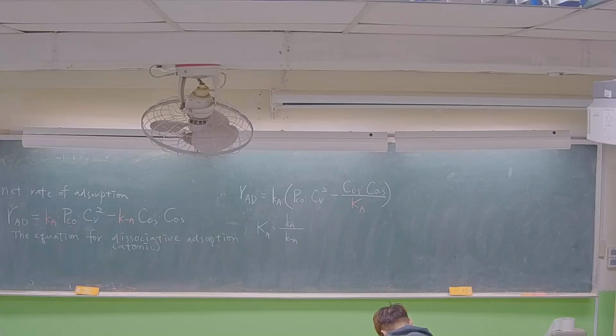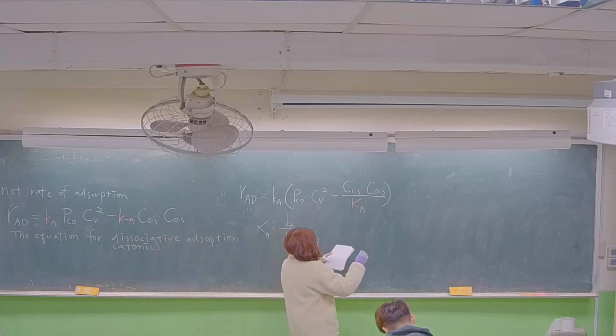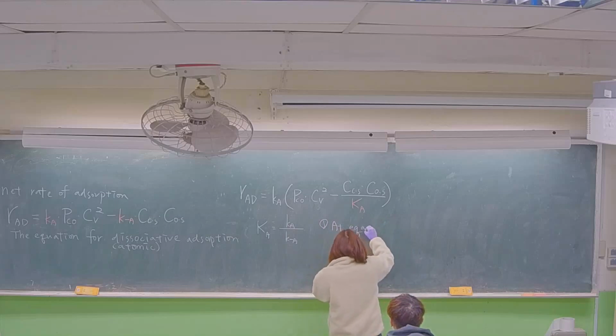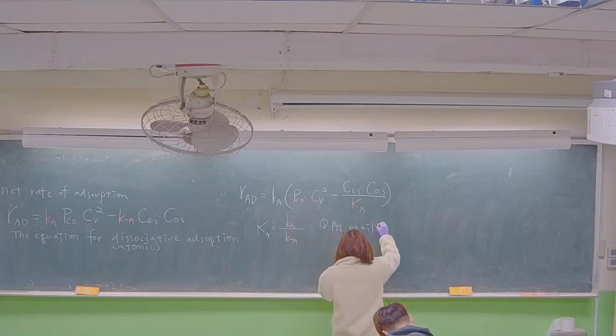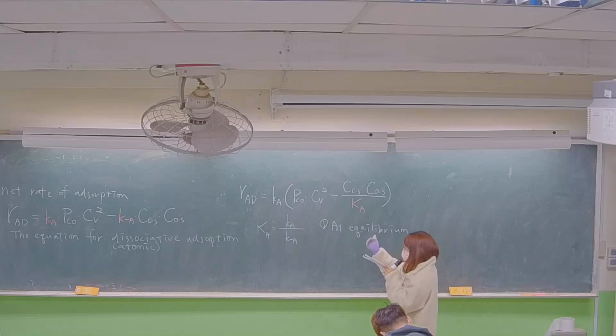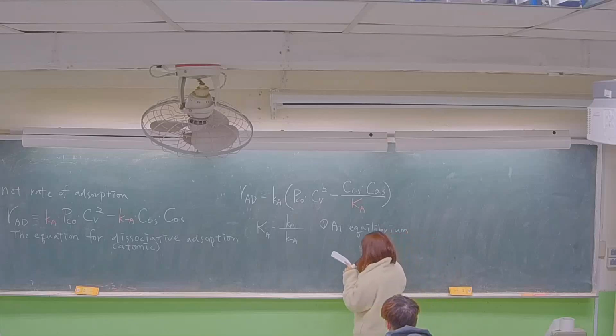Slide 40. Let's derive the equation at slide 40. So first, at equilibrium. We discuss this at equilibrium condition. Okay, so at equilibrium, that means the forward and the reverse reaction rate are almost the same.